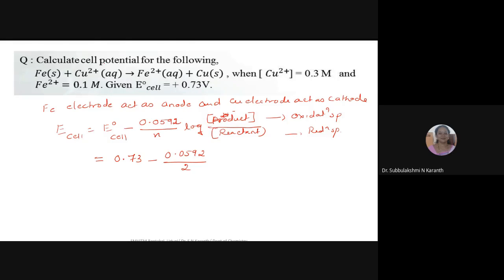Here 2 electrons are involved. Log of the product Fe2+ ion, that is 0.1 divided by 0.3. Log of 0.1 divided by 0.3, you can get some numerical value. Find the log of that one. Then multiply by 0.0592 by 2.